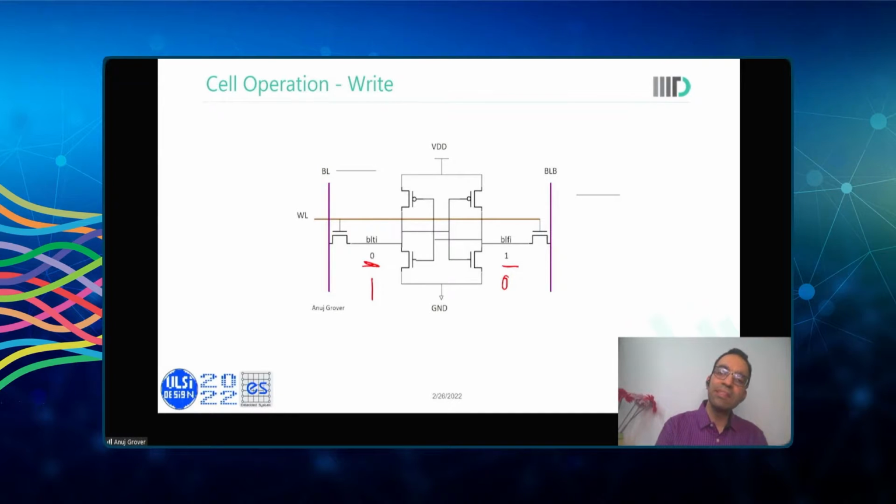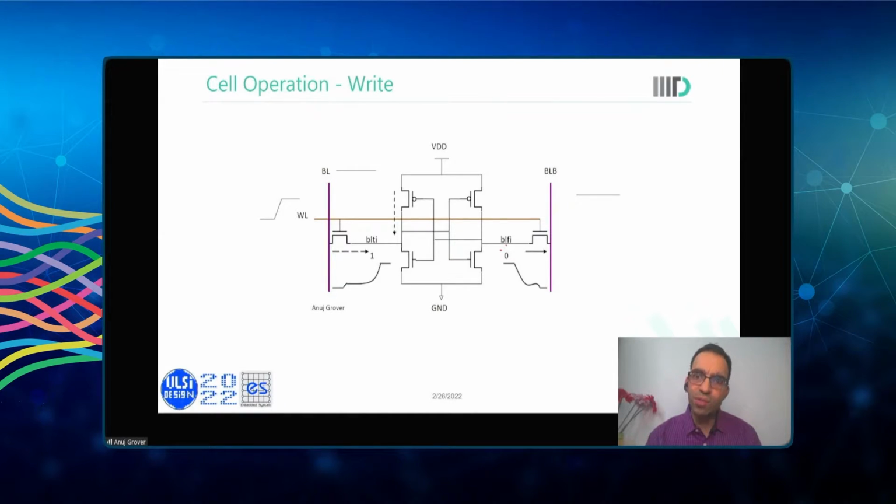So BL remains at 1 while BL bar has gone to 0. Now, when the word line goes on, the internal node over here discharges through the bit line, and after this has discharged, the other internal node gets charged to 1, and that is how the write operation happens.